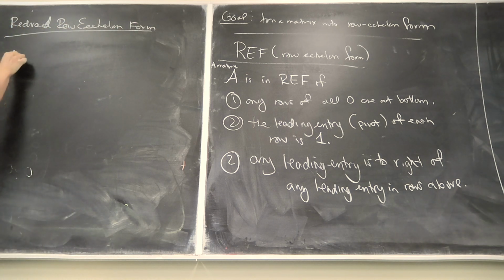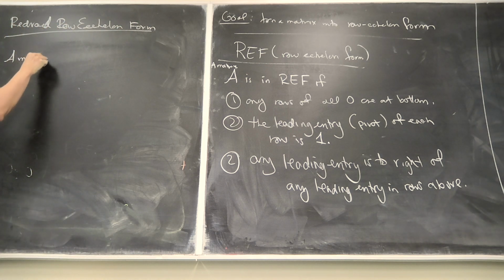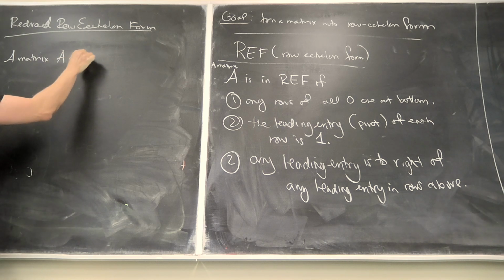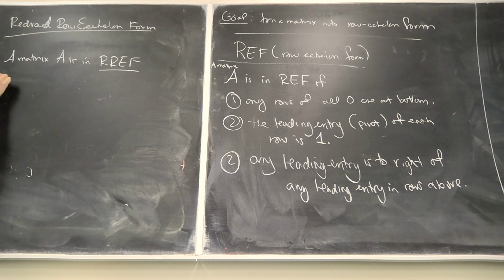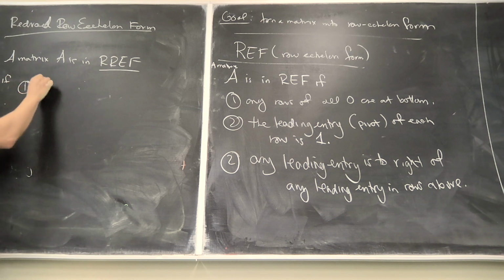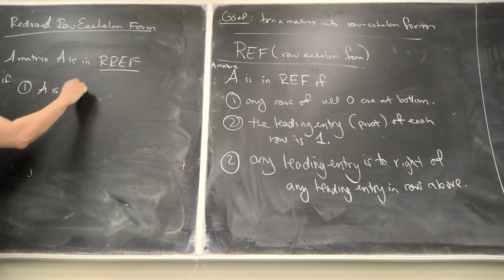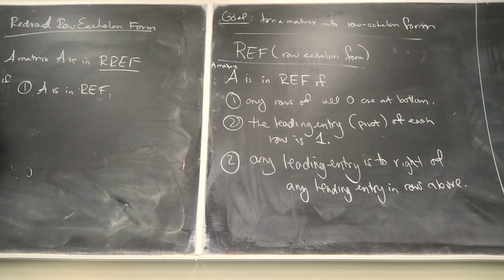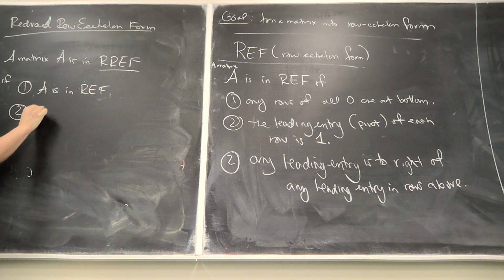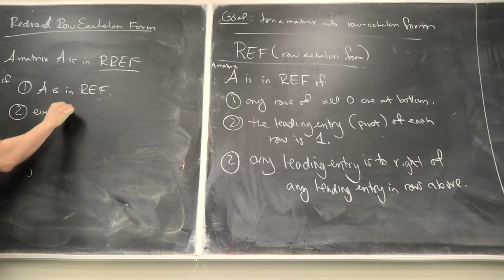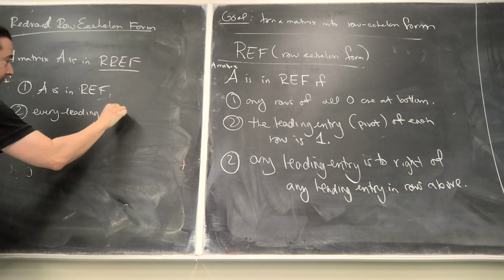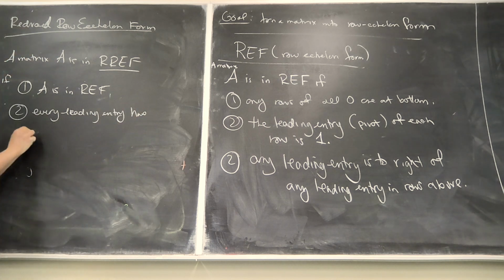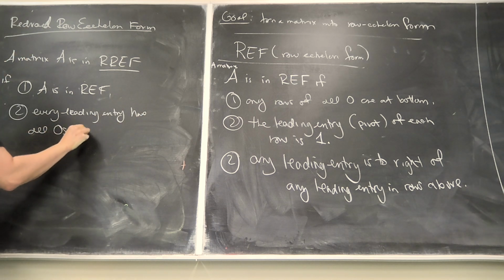A matrix A is in reduced row echelon form if, one, A is in row echelon form, and additionally, every leading entry has all zeros above and below.